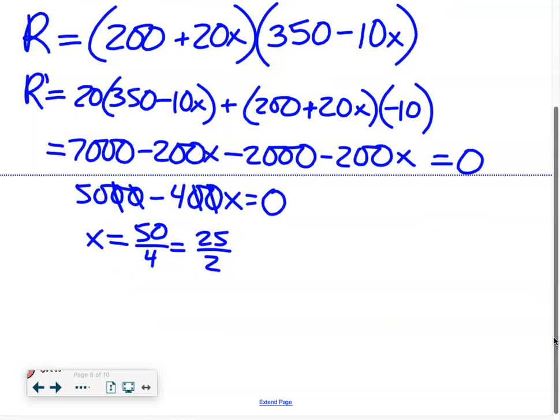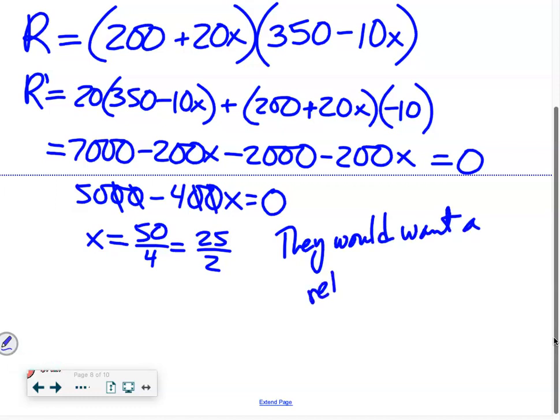So they would want to offer a rebate of $125 to optimize revenue. That would be their best bet, 12 and a half rebates at $10 a piece, $125 off.